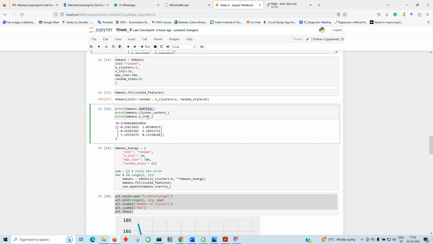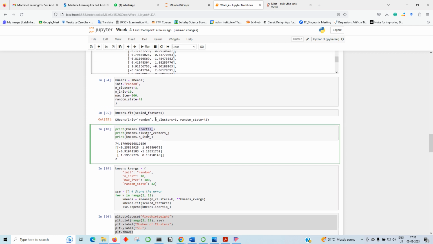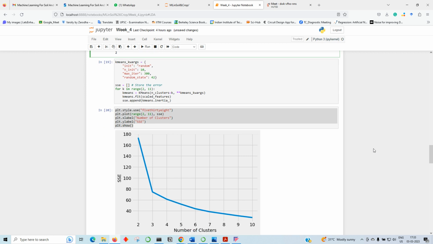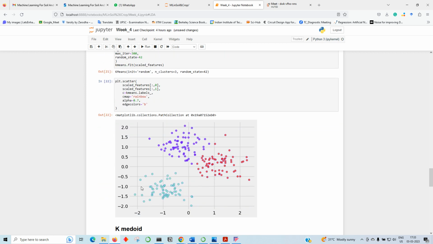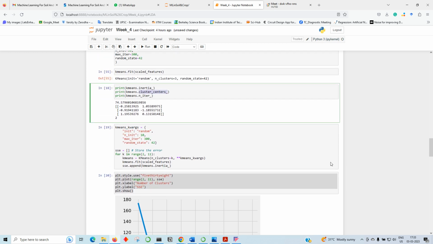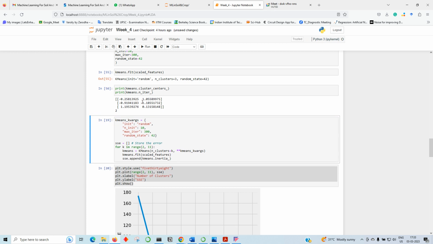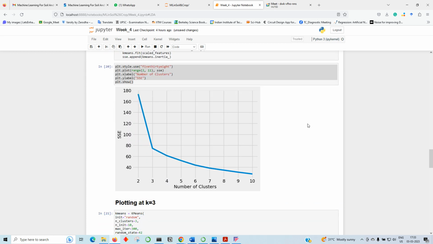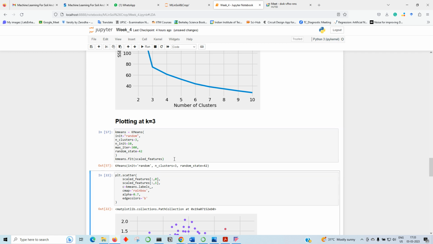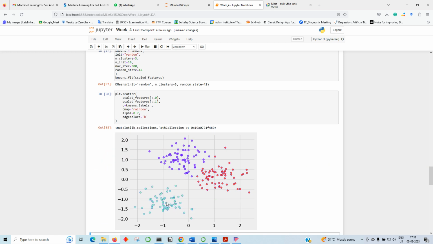These outputs show how many iterations it took to converge and what the cluster centers are, that is, the actual means of these three clusters, and then the inertia, which is not particularly important at the moment, so I'll just remove that. You can see that within two iterations it has converged. If you want to see the plot, this is how the plot looks. Three classifications have been done.